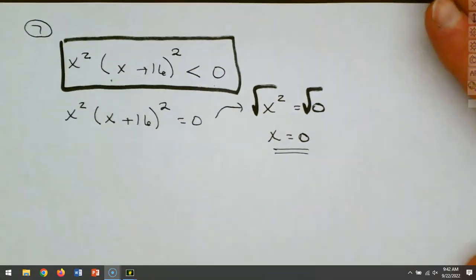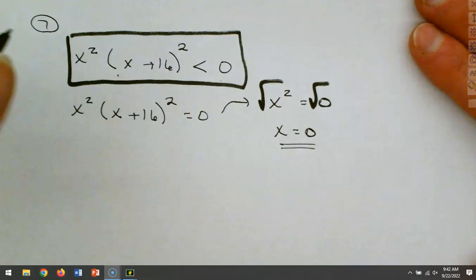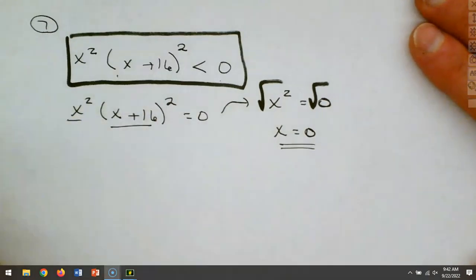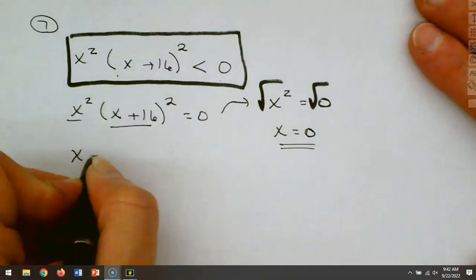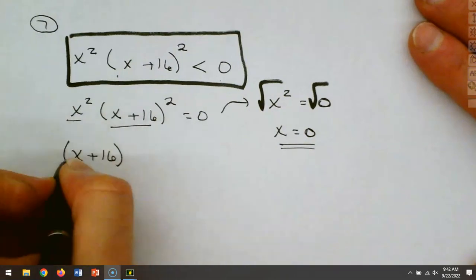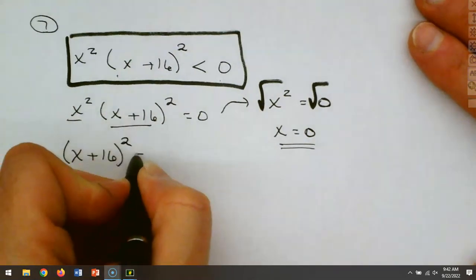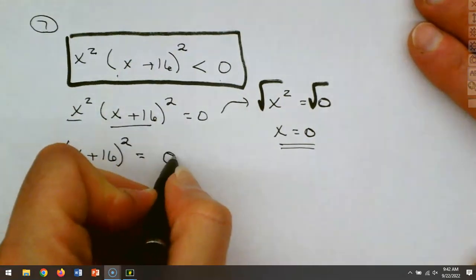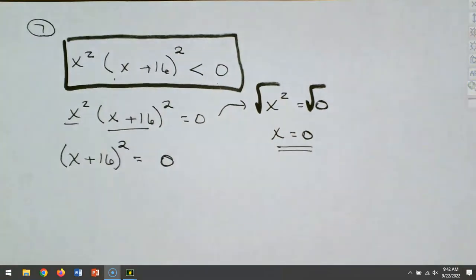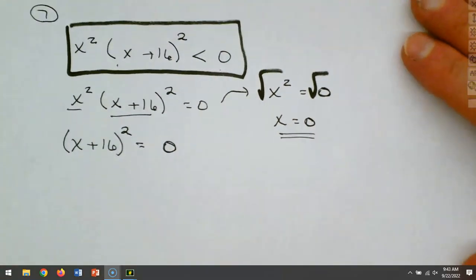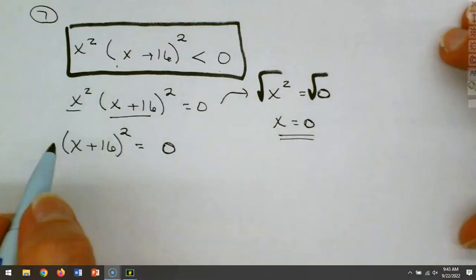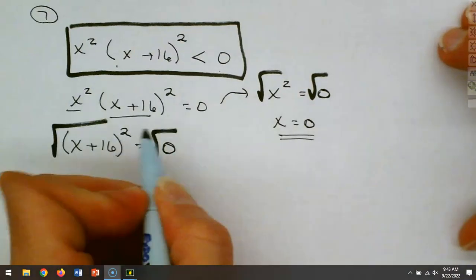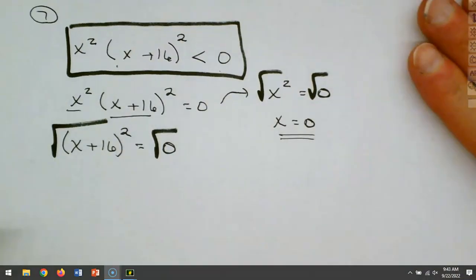What about the other one? Okay, what's our other one? So here's a piece, here's another piece. Our other one is x plus 16, quantity squared, equals 0, right? Okay, and how do we solve this one? Same way, square root property. Square root of 0 is 0.